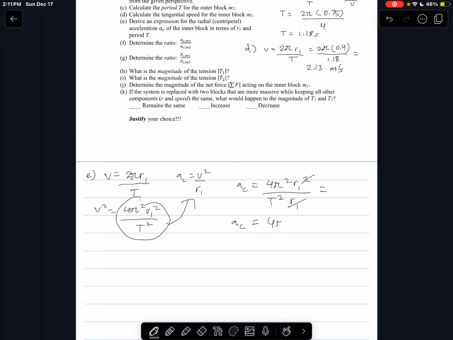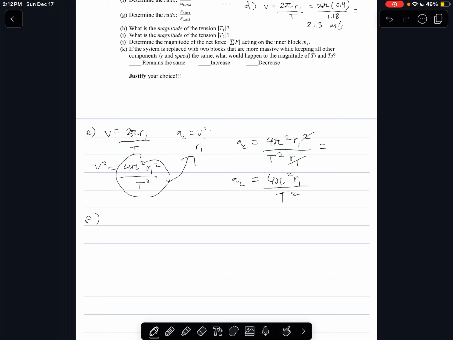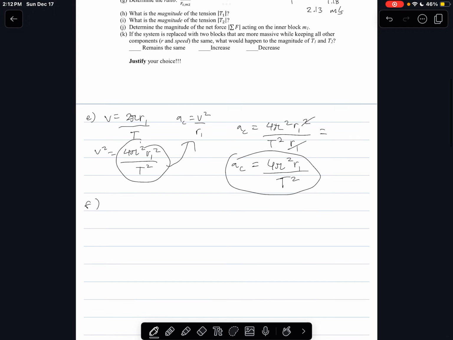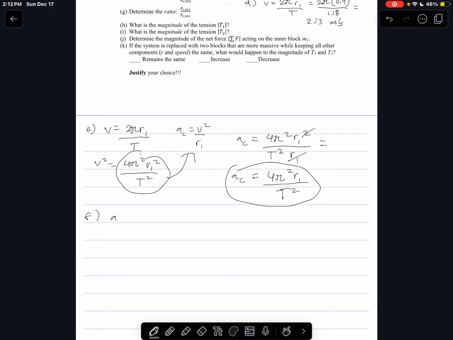Okay. For F, I'm going to use the formula I got before to find the ratio. You want a ratio from AC of mass 1 to AC of mass 2.